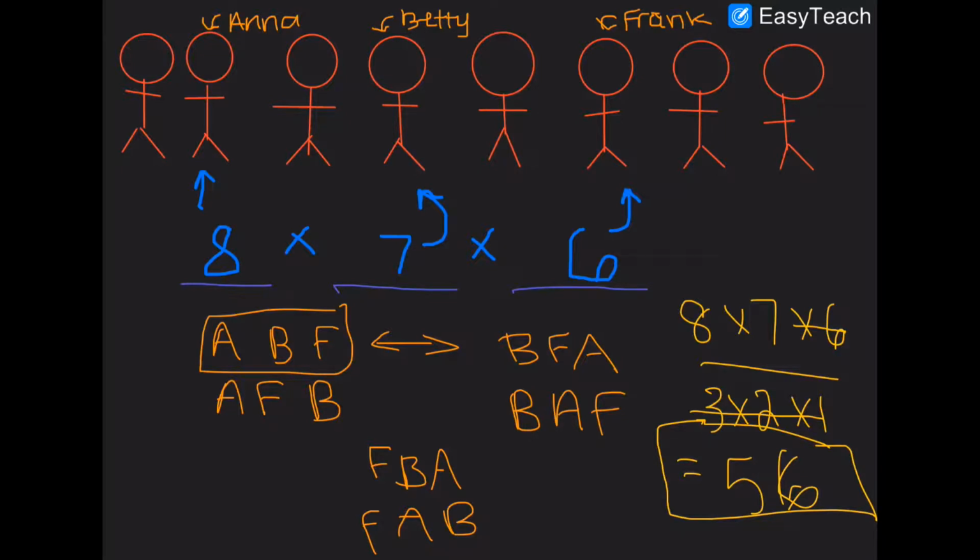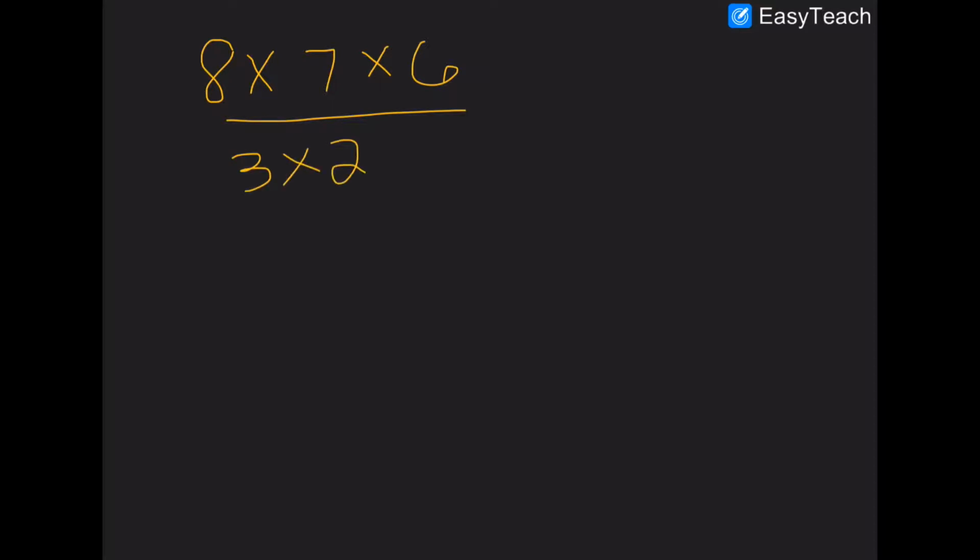And like I said, the concept of having 8 times 7 times 6 over 3 times 2 times 1 comes up a lot, so we have a notation for it.